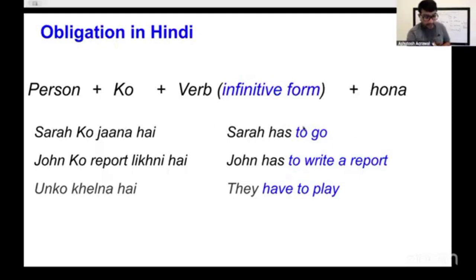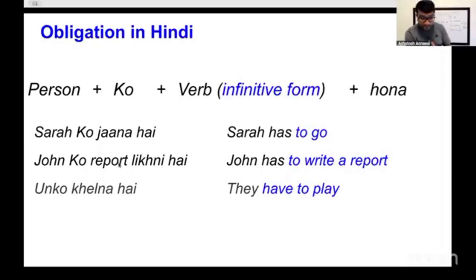Okay. Next one, let's say we're talking about John has to write a report. John ko लिखना है. By default, the verb is in the infinitive form. John को लिखना है. But in this case, you have report as well.